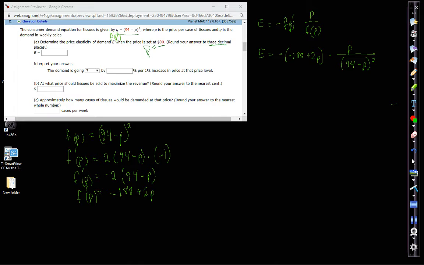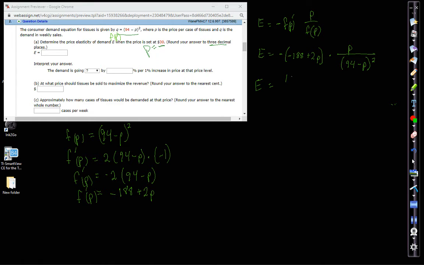Okay, so we can take this part in the front and multiply it times p, or you could just plug in the 30 at this point if you want, but we're probably going to need this in a nicer form for question B, where we have to set E equal to 1 and go from there. So we'll distribute the P and the negative. This negative is going to make that a positive, this negative makes that a negative.